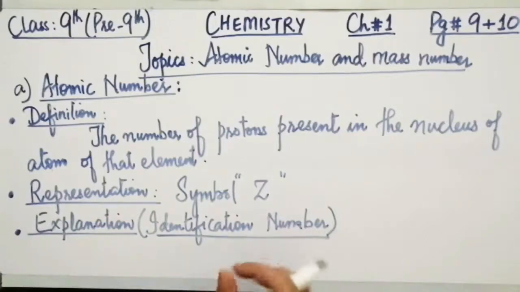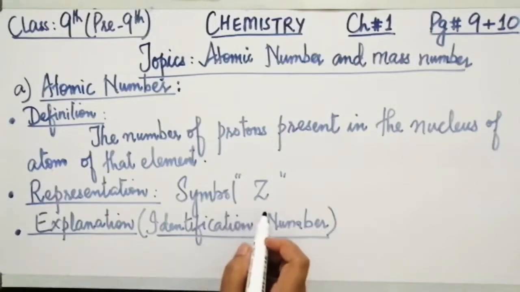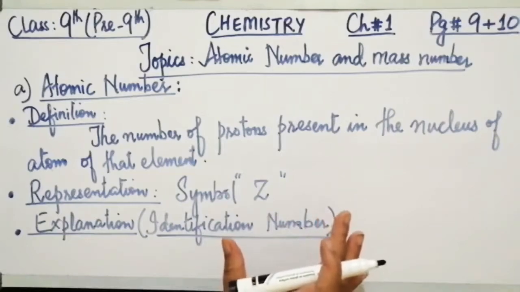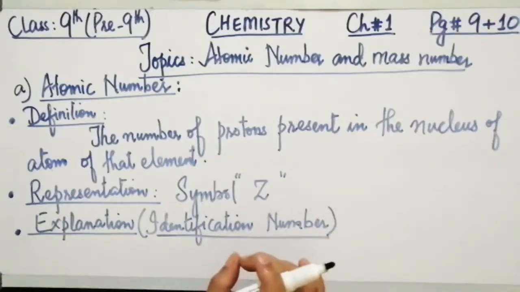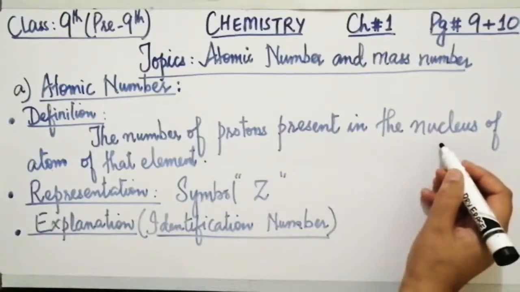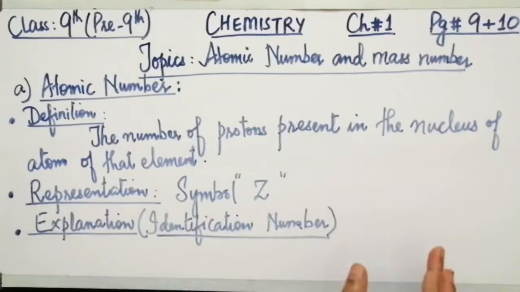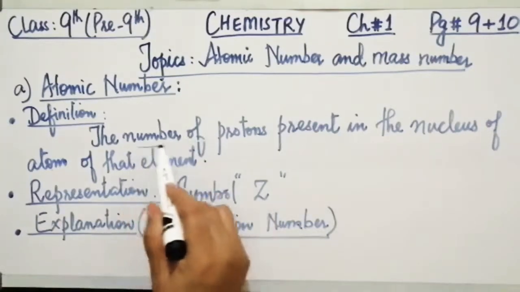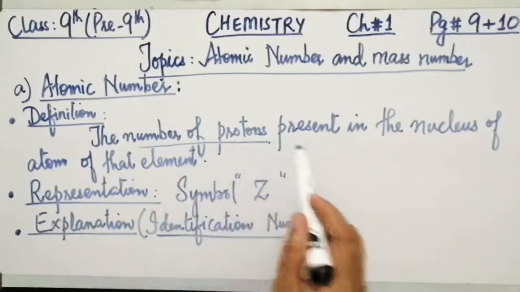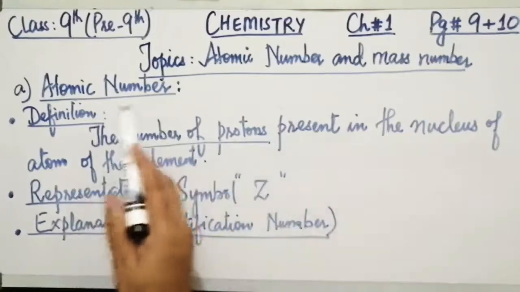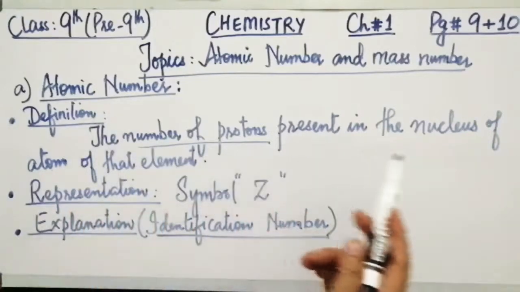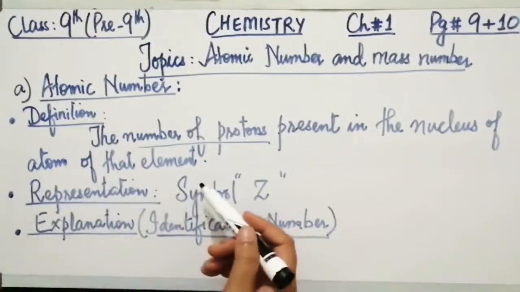So as you know, it is represented by the symbol Z, and all atoms of an element have the same number of protons, which are present in their nucleus. Clear? So they have the same atomic number as well. If you know the number of protons present in the nucleus of an atom, then you also know its atomic number, because atomic number is equal to the number of protons present in the nucleus of that atom of the element.